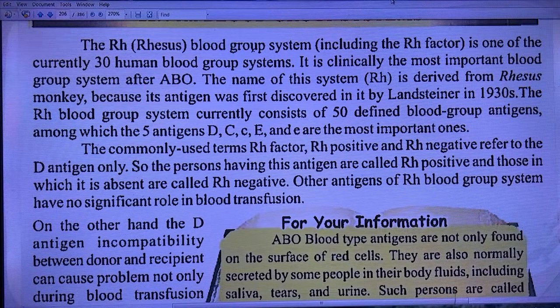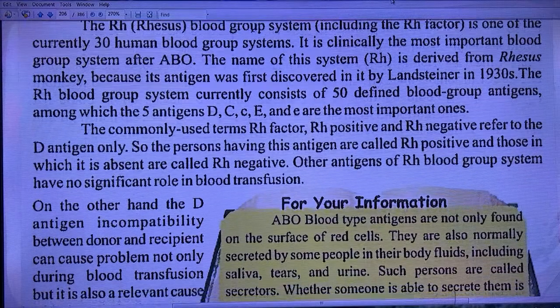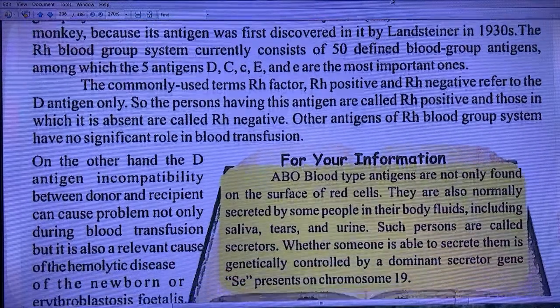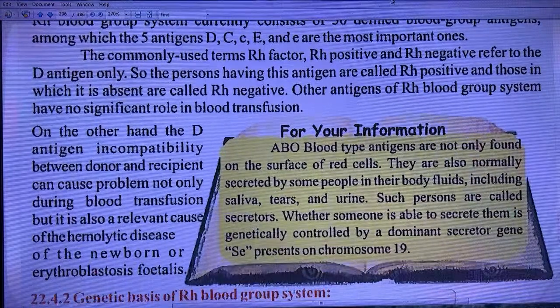The Rh blood group system currently consists of 50 defined blood group antigens, among which the five antigens D, C, c, E, and e are the most important ones. The commonly used terms Rh factor, Rh positive and Rh negative refer to the D antigen only. So the persons having this antigen are called Rh positive and those in which it is absent are called Rh negative.